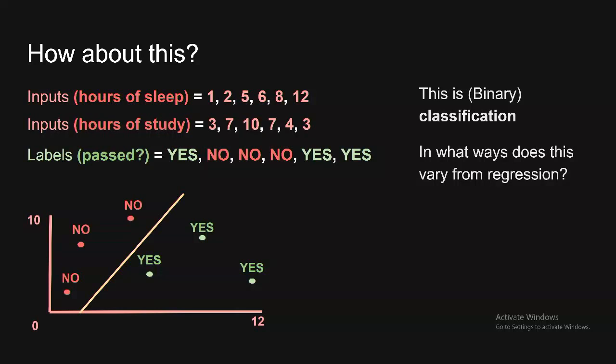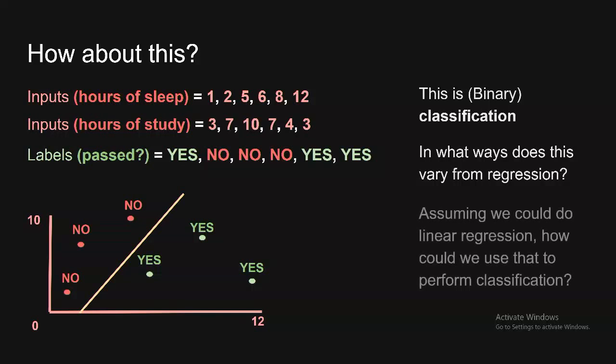I'm not going to talk about it explicitly because I think it might catch people a little bit. But essentially, we're going to be able to do more or less exactly the same thing. Weird. But what we're going to do is only update when it's incorrect. So as we go through the data points, if it's wrong about some data point, we'll move it so that it's closer to right. And essentially, if we iteratively do that, then we will eventually get a line that should separate them correctly.